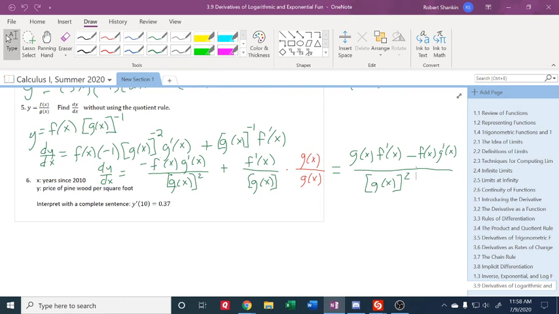All right, group 6. Can you tell me what you wound up getting here? So what we said was basically, in 2020, the price of pine wood is expected to increase by $0.37 per square foot.